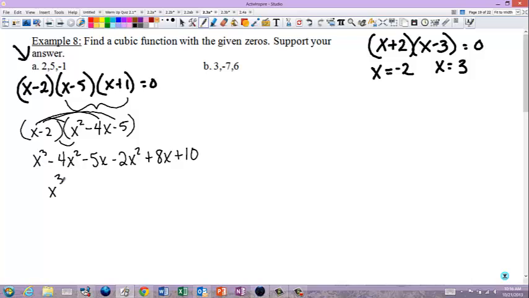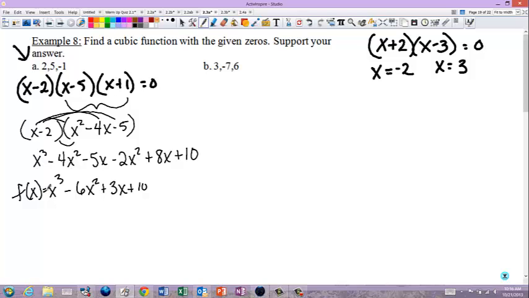That's x cubed minus 6x squared plus 3x plus 10. So that one's done. And it says find a cubic function, so f of x equals.